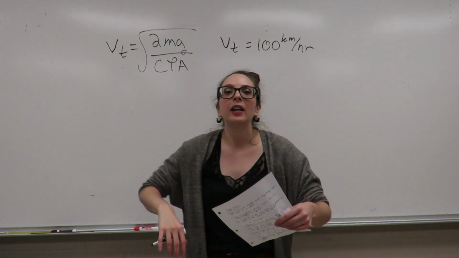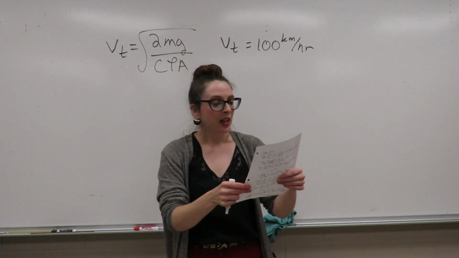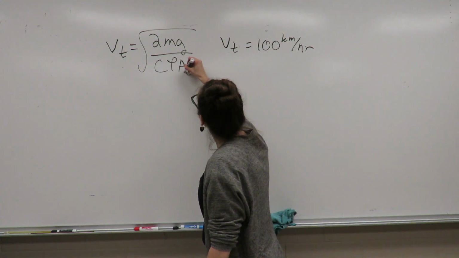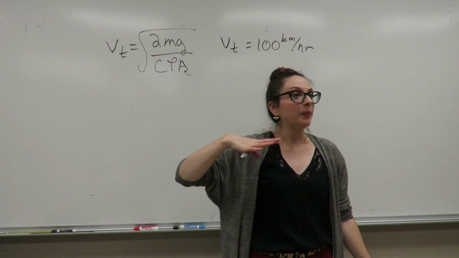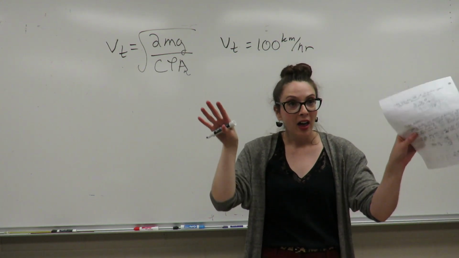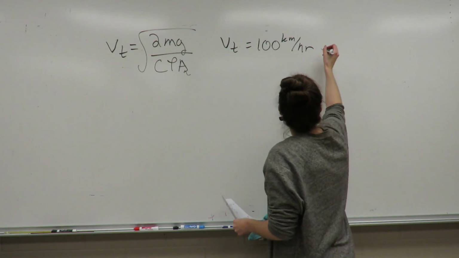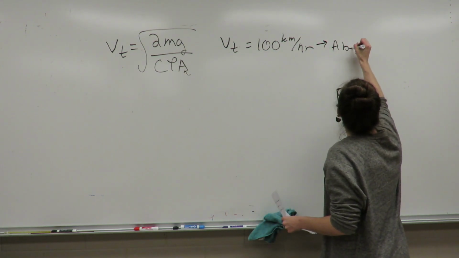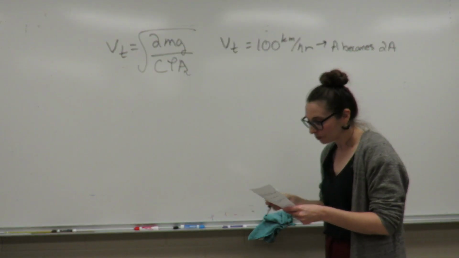But as it's falling, it eventually stretches out. It stretches out its legs, and that doubles its cross-sectional area that is exposed to the fluid, to the air, as it's falling downward. So then, let's call it that eventually A becomes 2A.